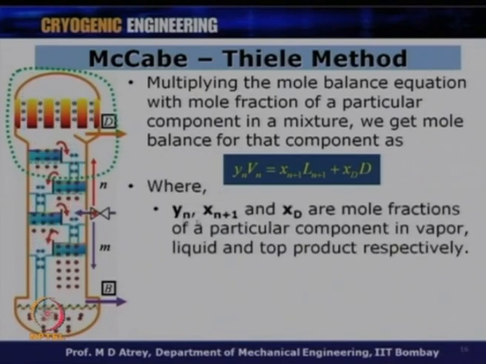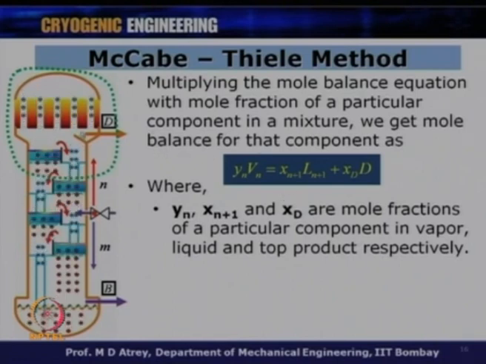Where Yn, Xn plus 1 and Xd are mole fractions of a particular component in vapor, liquid and top product respectively. That means Xd represents the amount of nitrogen in D, for example.